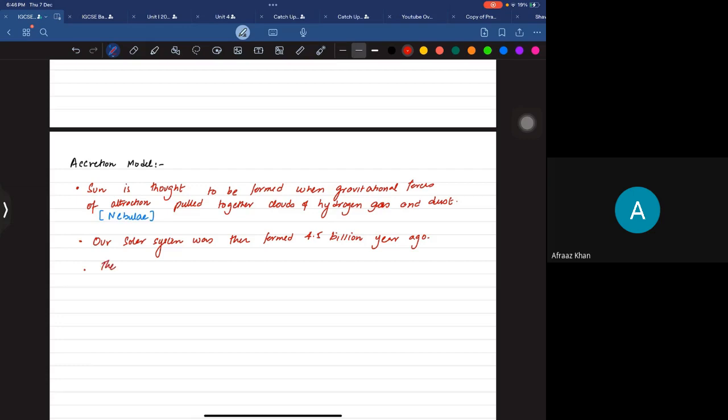Then the planets were formed from the remnants of the disk cloud of matter left over from the nebula that formed the Sun. All right. I'm going to show you a picture of it, so don't worry.